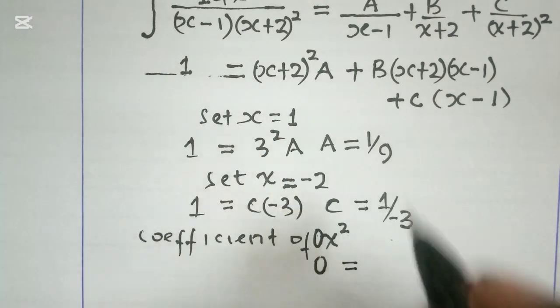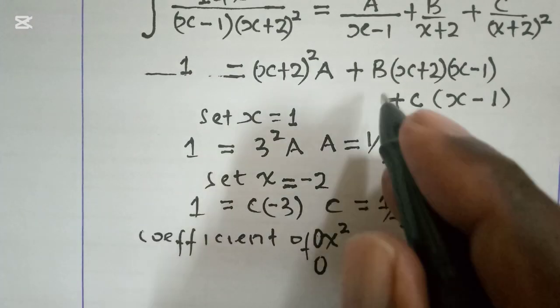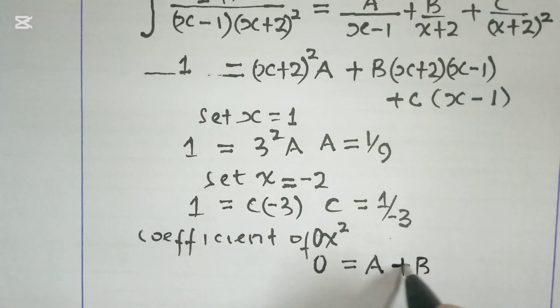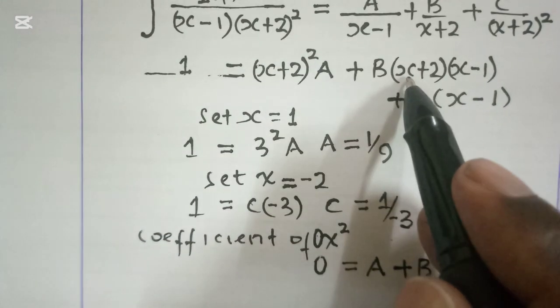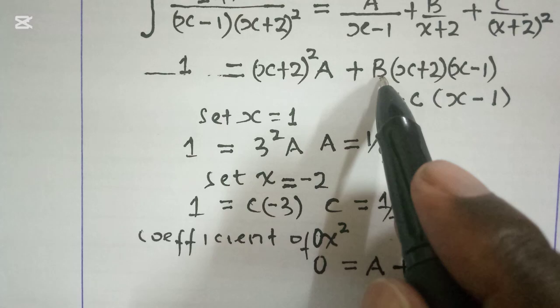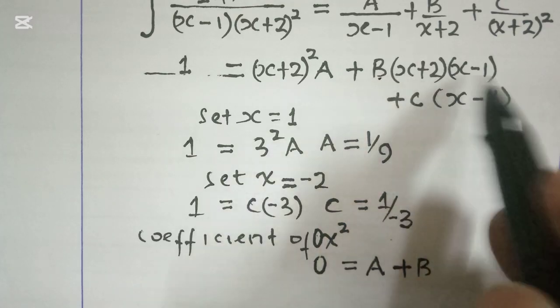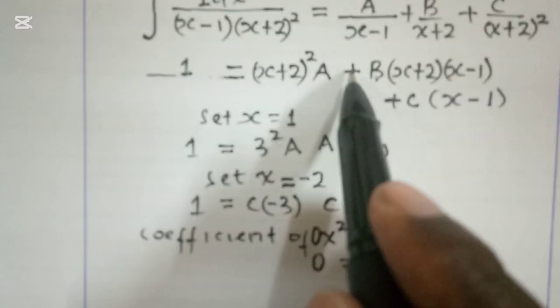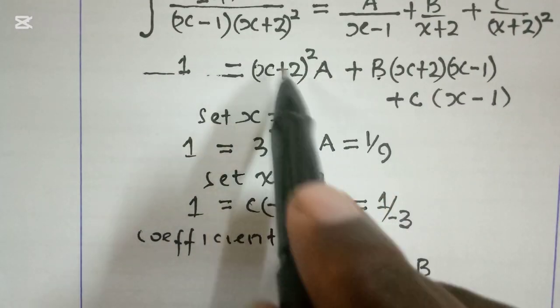And right now coefficient of x squared is 0. And then here we have a. And then we have plus b. But that one, guys, you need to expand that and see that x squared will be alone. You multiply by b. So you have bx squared plus other terms. Here you shall have ax squared plus other terms. But we are only interested with x squared.